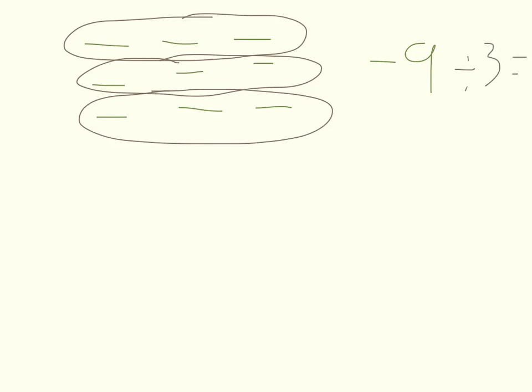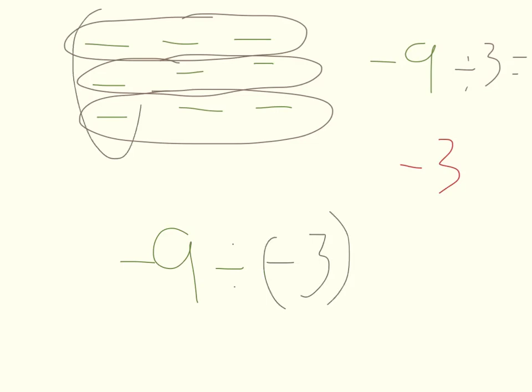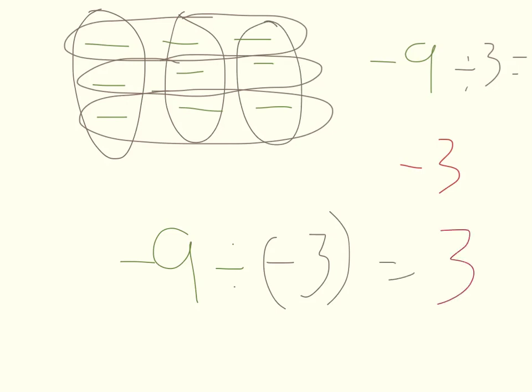Well, you should say that there are negative 3 in each pile. Awesome. Now let's say it another way, and let's say there are negative 9, and I'm going to divide it up so that there are negative 3 in each pile. Well, how many piles is that? 3. Good job.